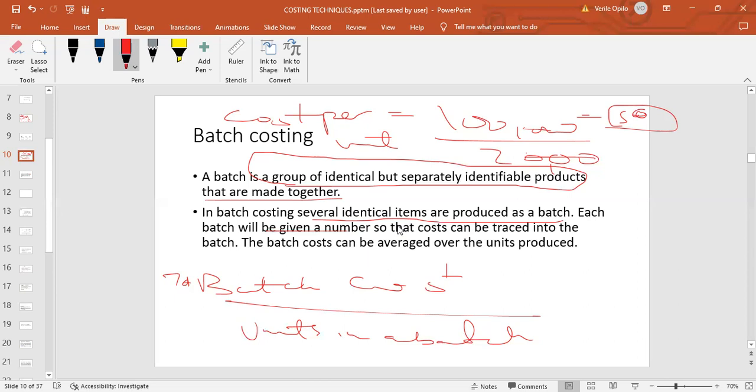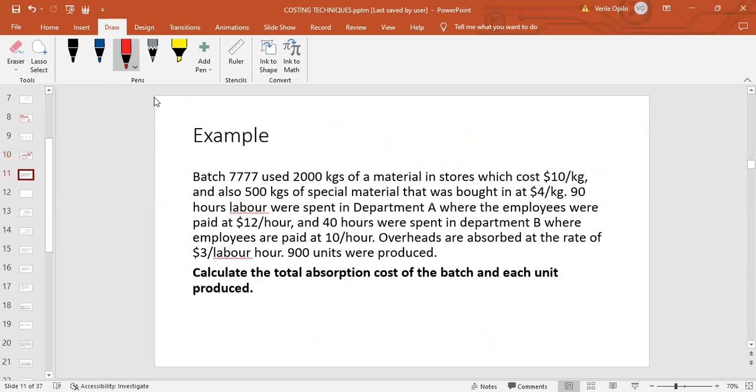All costs associated with that batch, material cost, labor cost, and other expenses, are accumulated together to get the total batch cost. If you want the cost per unit, you take the total batch cost divided by the total number of units in that particular batch.